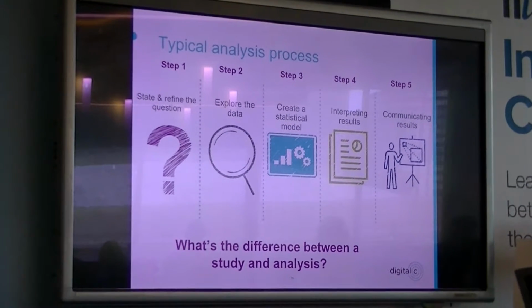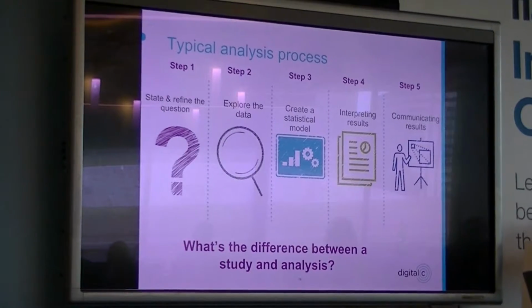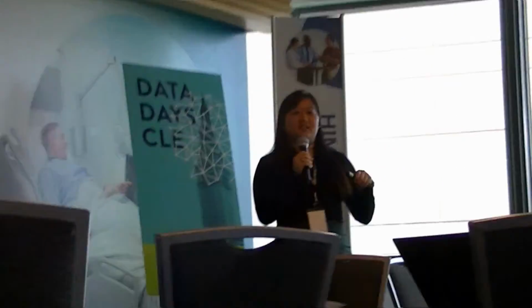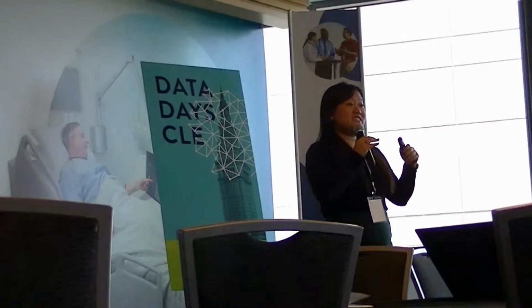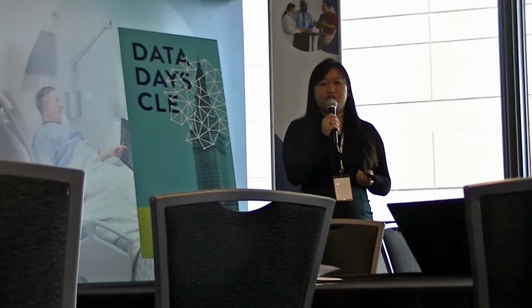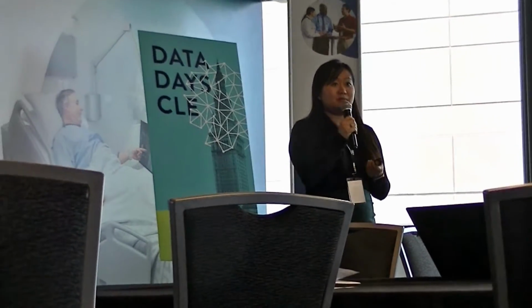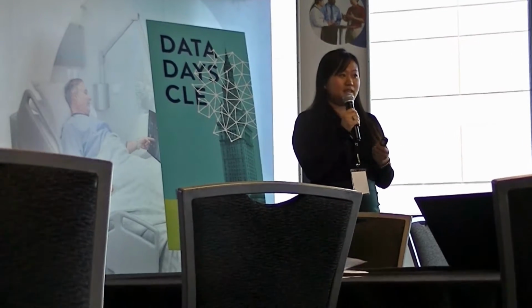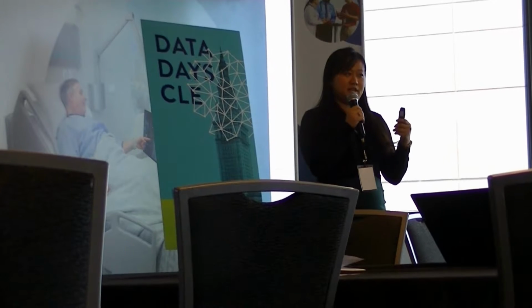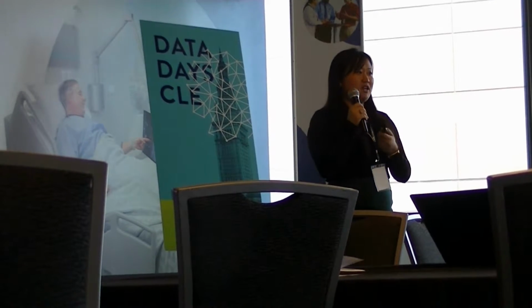And this is where I think it's important to differentiate between a study and an analysis. In the research environment, if you're doing a study, it's a linear process: this is my question, I'm going to get data from X number of people and they're going to tell me this, then I'm going to create a model for these results, interpret them, and communicate that out.